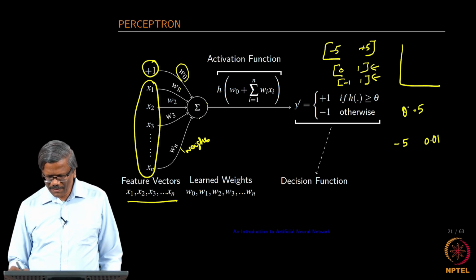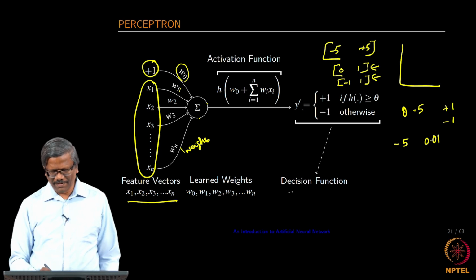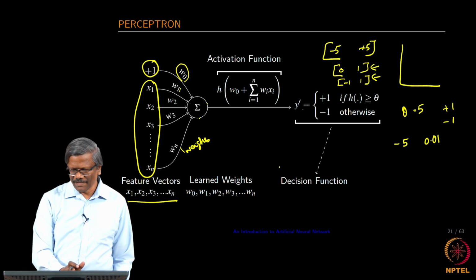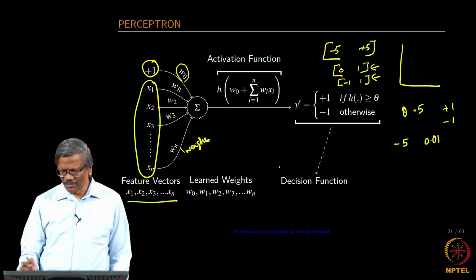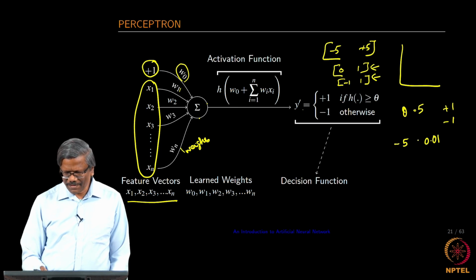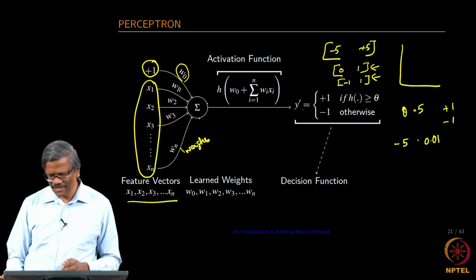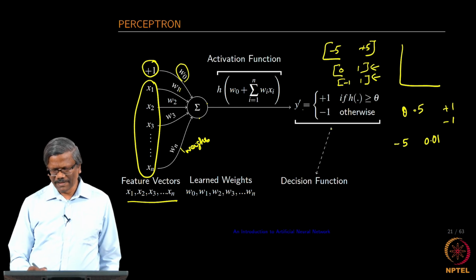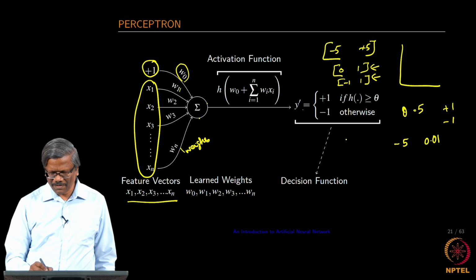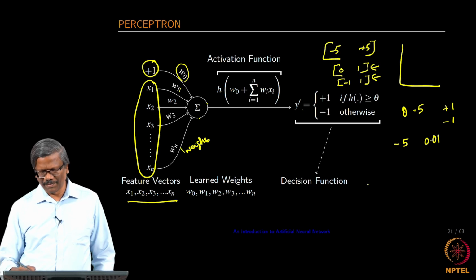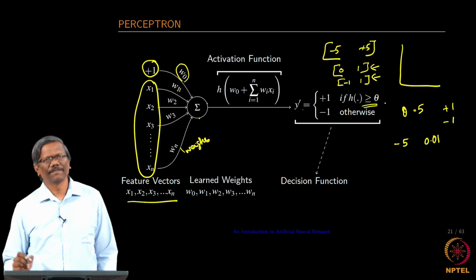If the value is greater than 0.5, then the output is +1, otherwise it is -1, as given by this decision function. So the activation function squashes the value between 0 and 1, and the decision function looks at the squashed value and decides whether to provide +1 or -1, depending on the threshold we have set up.